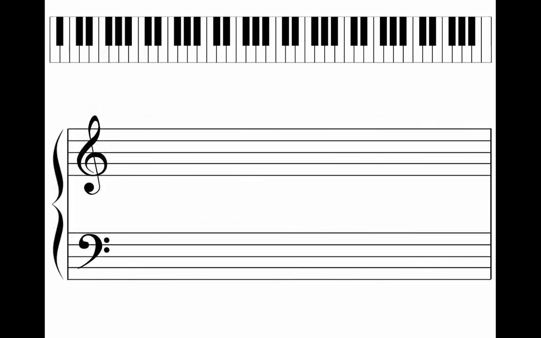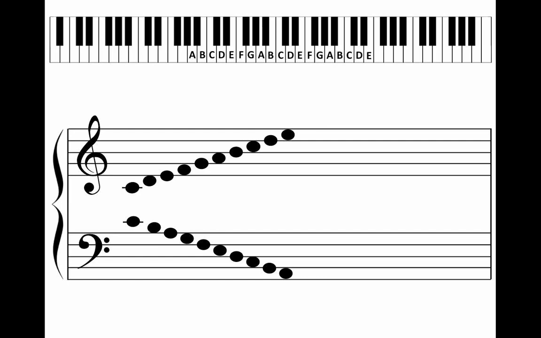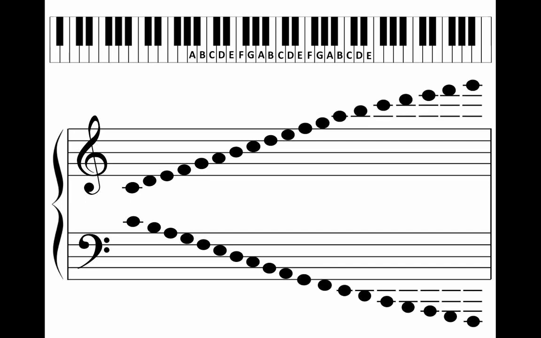So, at the end of our last lesson, you were able to read this much of the staff and this much of the keyboard by simply introducing another landmark, two landmarks, high C and low C, and also introducing fifths. You can now read this much of the staff and this much of the keyboard.